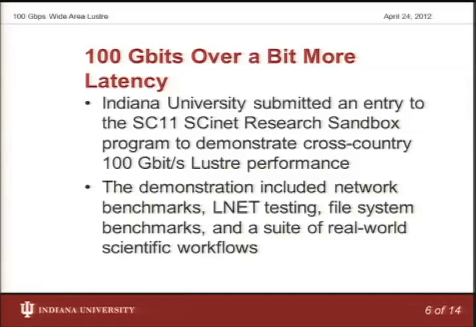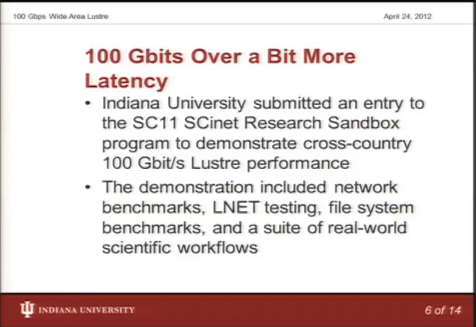So IU put in an entry into the SC11 SciNet Research Sandbox to demonstrate cross-country 100 gigabit cluster WAN. What we proposed to do was to set up a file system, one at Indiana University, one at the show floor at SC11, and do a series of networking benchmarks, LNet testing, file system benchmarks, and a suite of real-world scientific workflows that our users at IU run on a day-to-day basis.